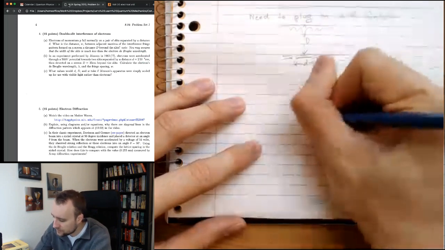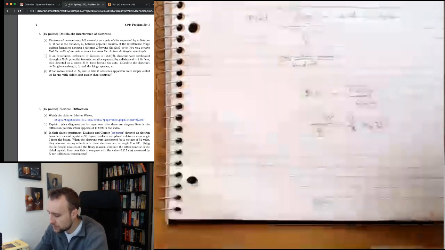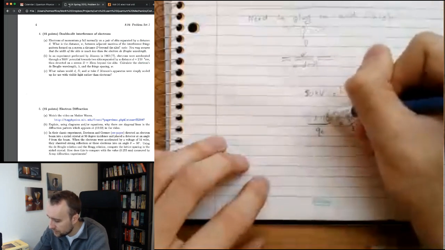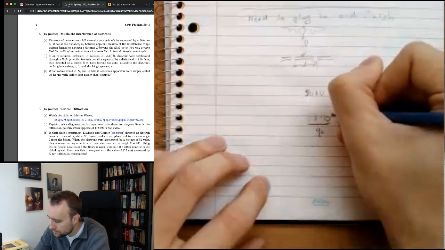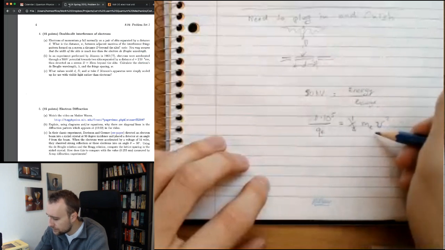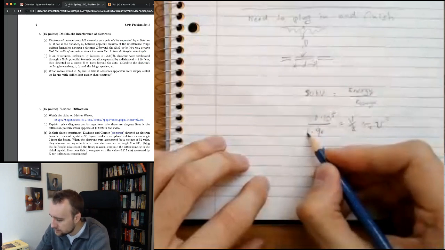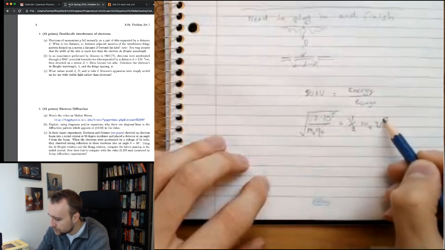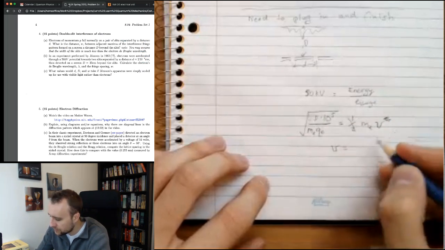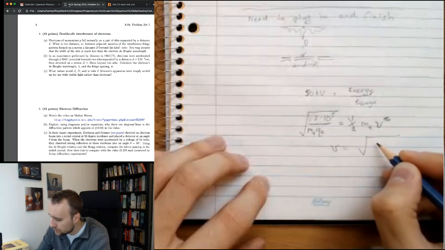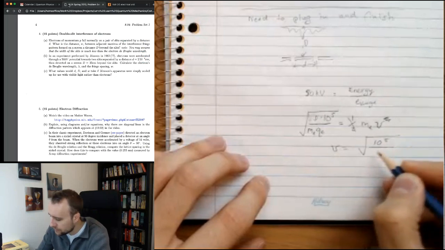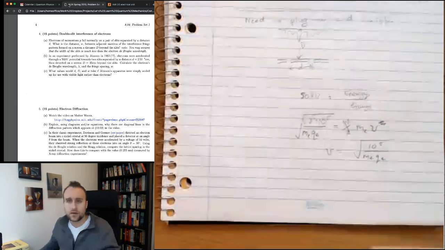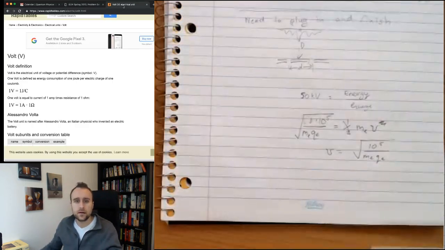And then because this is 100, we can just go 1 times 10 to the 5. Get rid of this, divide out the mass, and then take the square root. Our velocity is going to be equal to the square root of 10 to the 5th divided by mass of the electron, charge of the electron. So let's look that up.